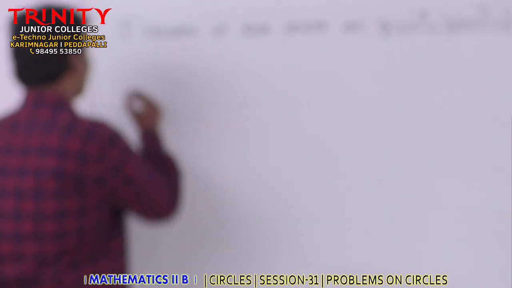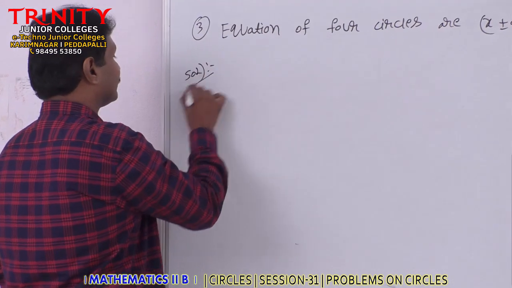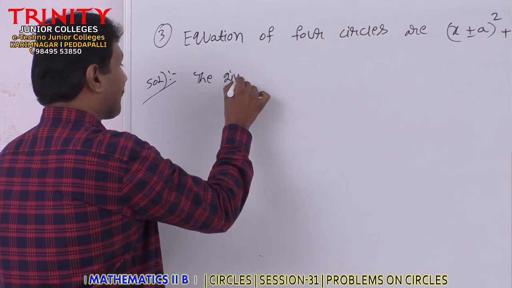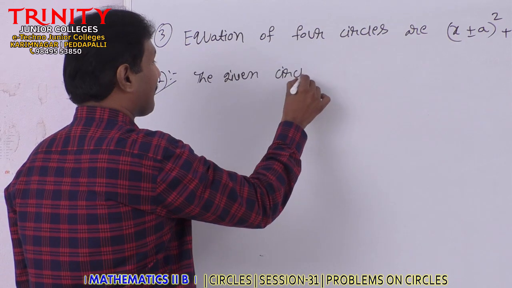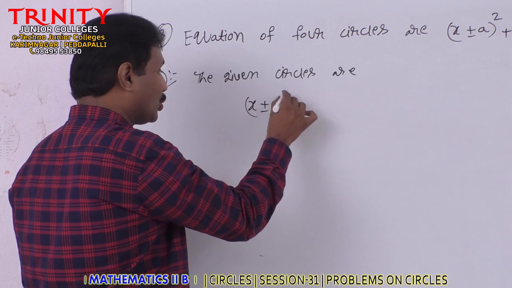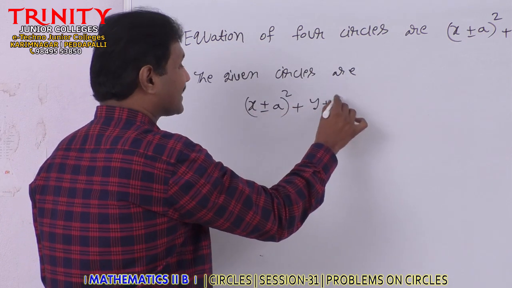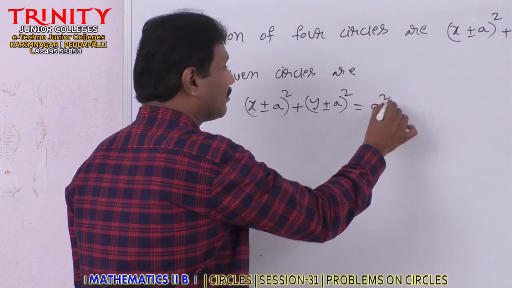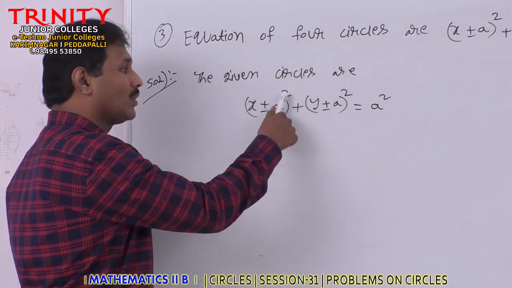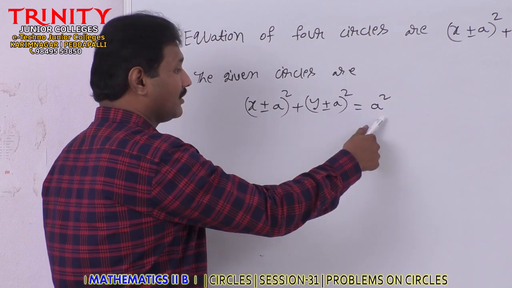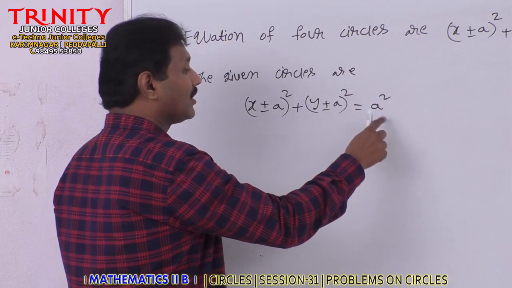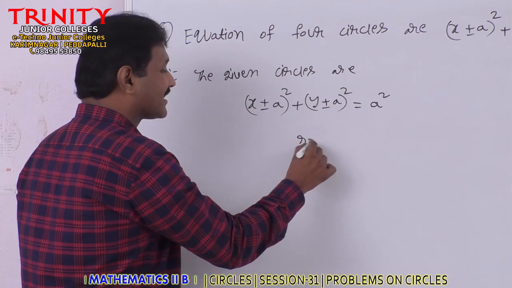Here the given circles are (x plus or minus a) whole squared plus (y plus or minus a) whole squared equals a squared. This is of the form (x minus h) whole squared plus (y minus k) whole squared equals r squared. Here the radius of each circle is a.